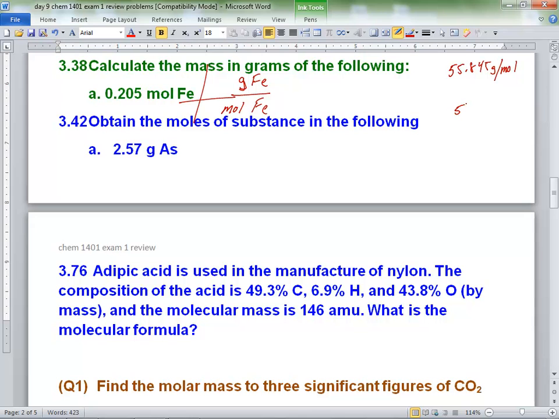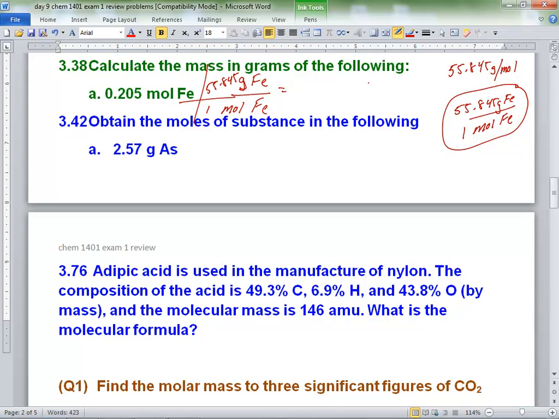If you write it instead, grams of iron, box, mole of iron, that's really what it means. That's grams per mole. But it's so much easier to use in the box, right? In fact, it's staring at you. You don't even flip it or anything. It works great. So that means the 1 on the bottom, 55.845 on the top.